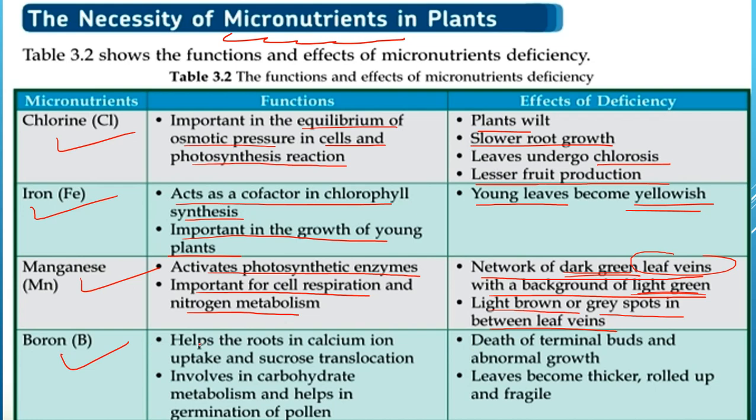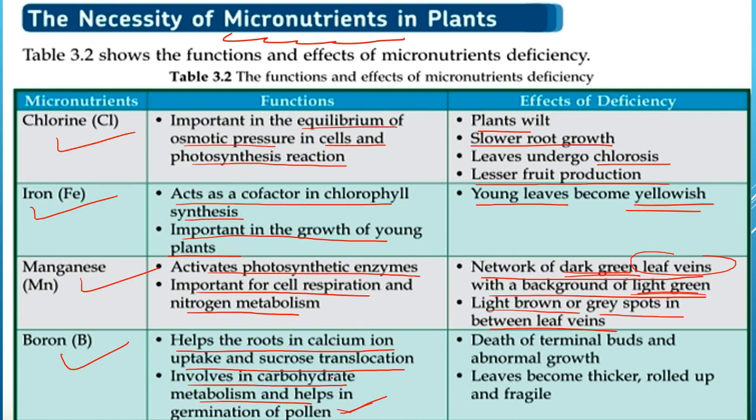Okay, and then we have boron, which helps the root in calcium ion uptake and sucrose translocation. Translocation means the movement of sucrose in the plant. It is involved in carbohydrate metabolism and helps in the germination of pollen.